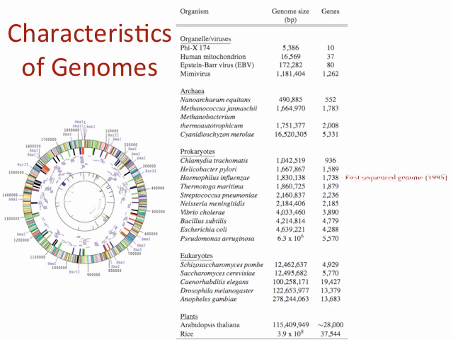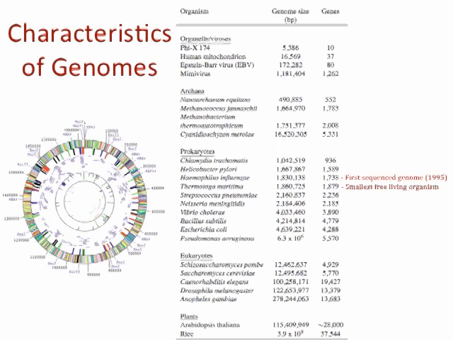Haemophilus influenzae was the first organism to have its genome fully sequenced, 1.8 million base pairs. Thermotoga maritima is one of the smallest free-living organisms, with a genome size of 1.8 and so forth.